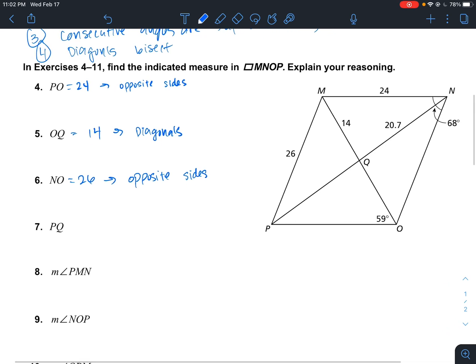Now PQ, so from here to here, PQ, and again, Q is a midpoint, so that means that these two segments are congruent because Q is the midpoint. So PQ is equal to 20.7. Again, that's from the diagonals theorem.